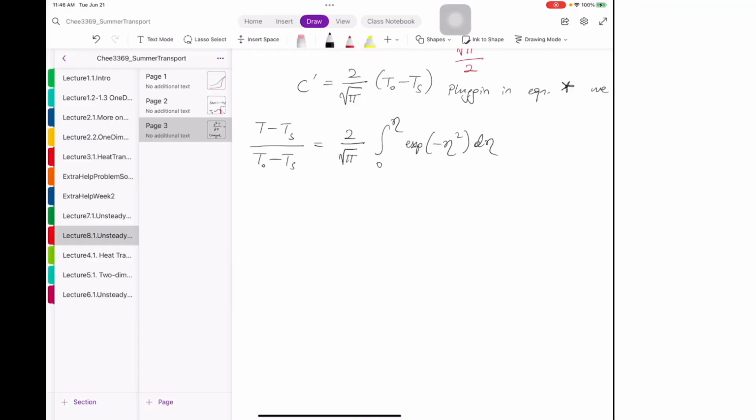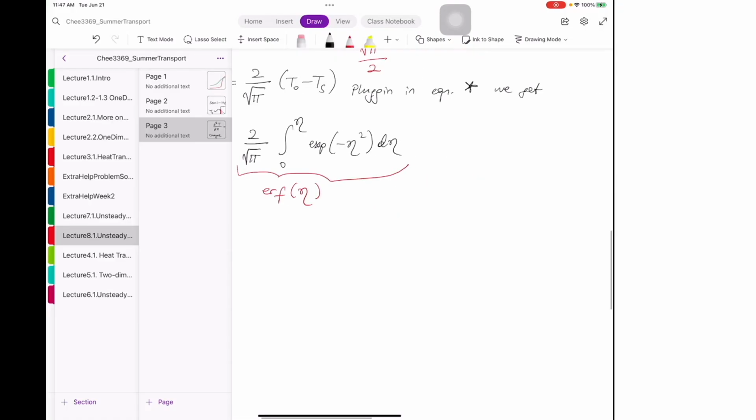Okay, so there is a special name for this function. This entire function is called the error function of eta. Some properties of the error function, ERF x.